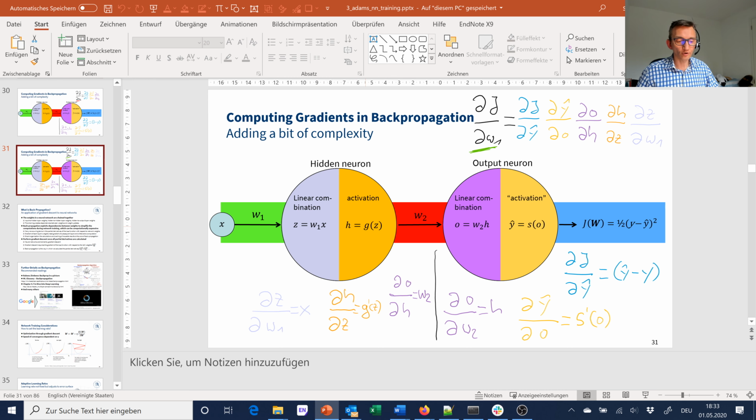So the derivative of the hidden layer output, H, with regard to the hidden layer input, Z, turns out to be the derivative of our activation function, G prime of that, or ReLU derivative. And then we can go back one step further and ask, how does that depend on our weight W1? So we add delta Z by delta W1, which turns out to be the input.